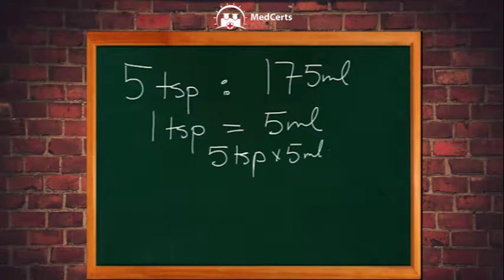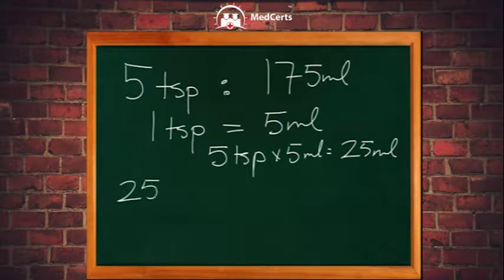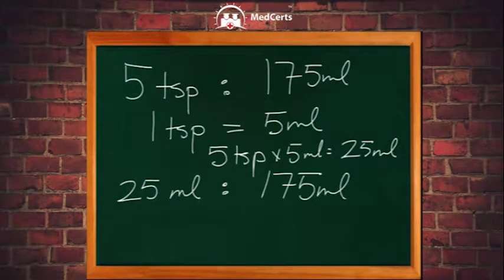So then 5 teaspoons times 5 milliliters per teaspoon gives us 25 mLs. Now our ratio is 25 milliliters to 175 milliliters. And now we reduce. 25 goes into 25 once, and 25 goes into 175 7 times.